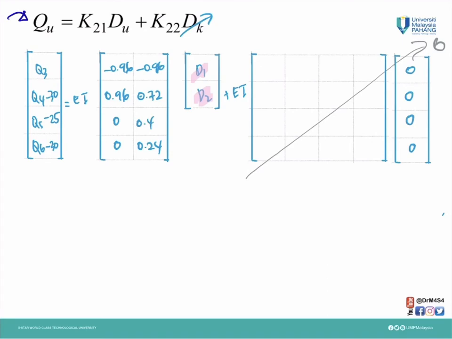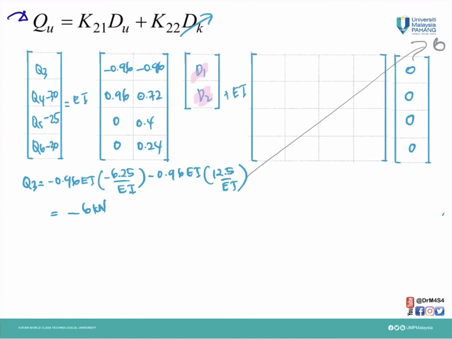Take for example Q3, negative 0.96. Don't forget your EI value, negative 6.25 over EI, minus 0.96 EI times 12.5 over EI, and you get the answer for that one is negative 6 kilonewton.